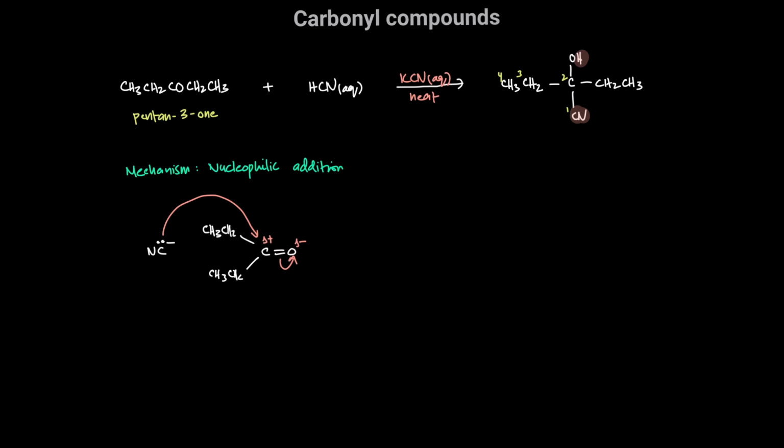And again, we end up making our carbanion intermediate. So we get a C, O minus. Here we get the CN, and then we have a CH2CH3 and a CH2CH3. Then the second step of the mechanism, the H from HCN adds on to the oxygen.